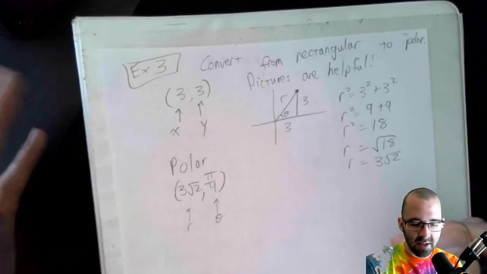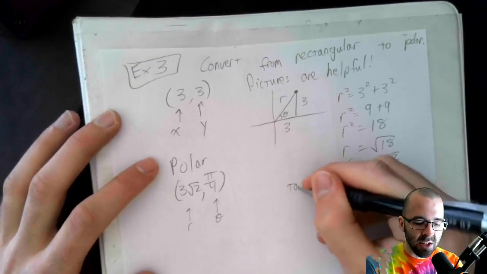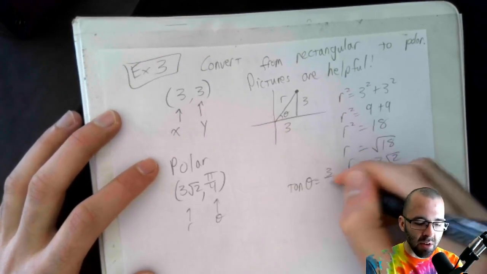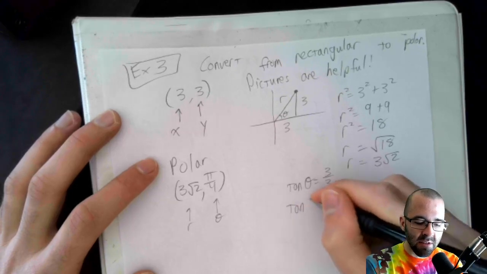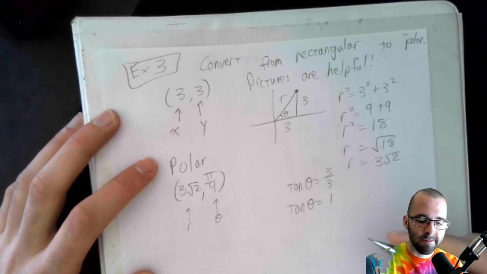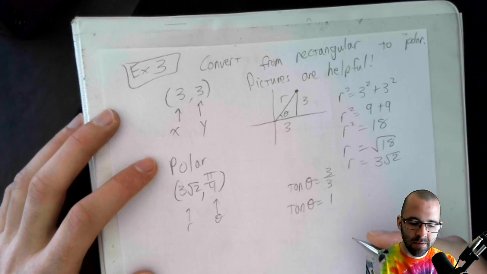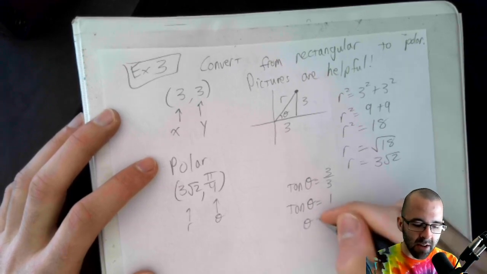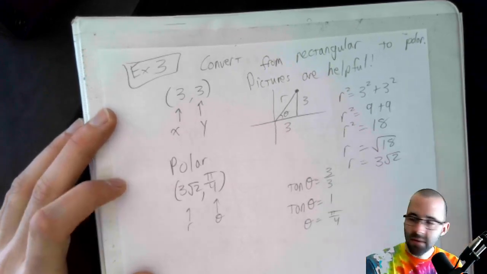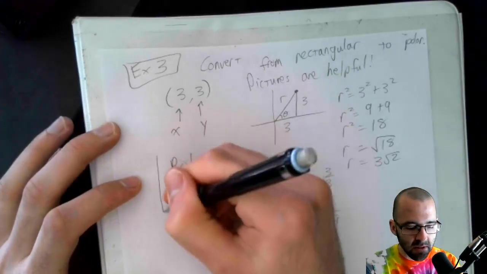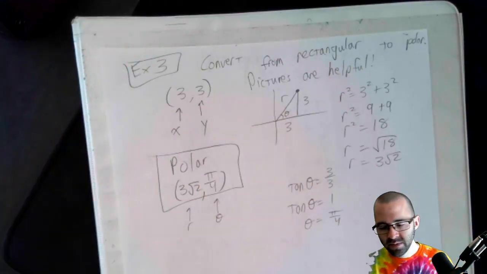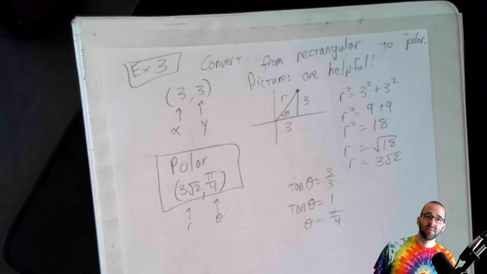But say you didn't know that, you could say tangent of theta equal to 3 over 3 and solve this equation. When is tangent of theta equal to 1? Okay, and you'll get theta is pi over 4 that way. So a couple ways of approaching this. But that's the first half of the section.